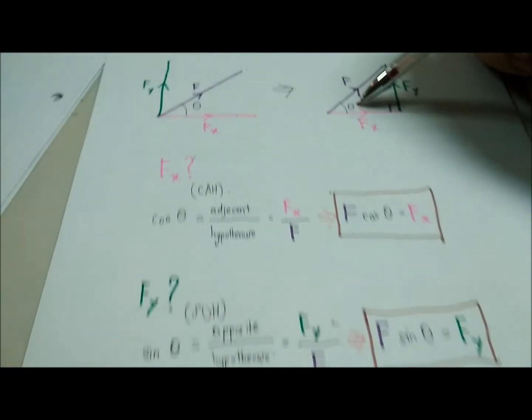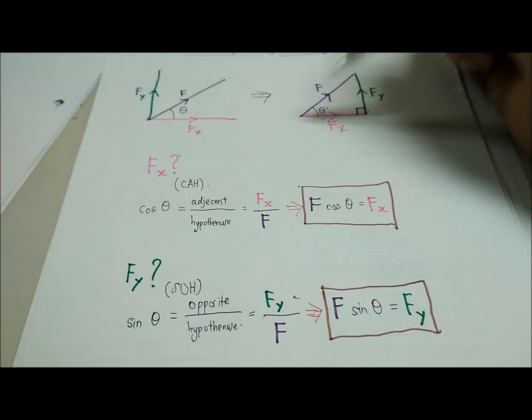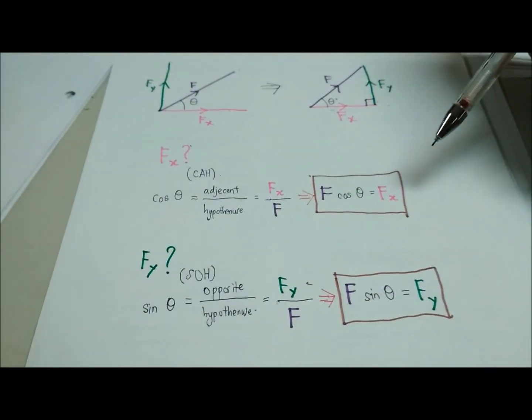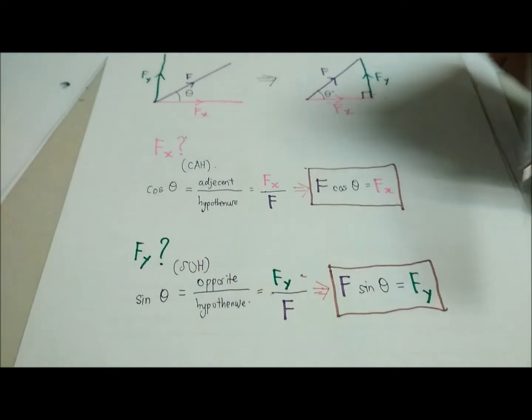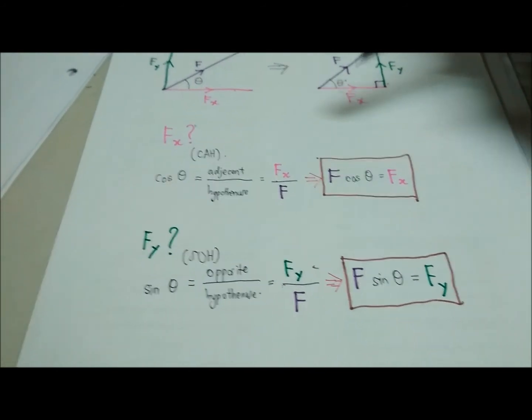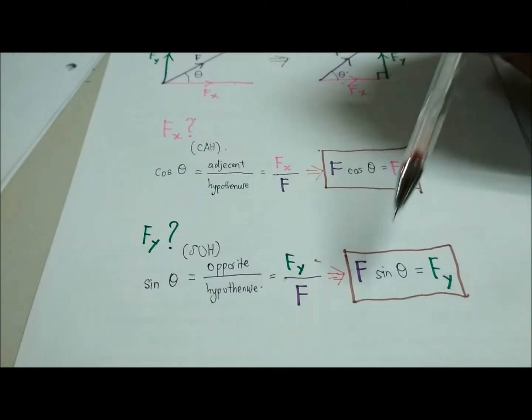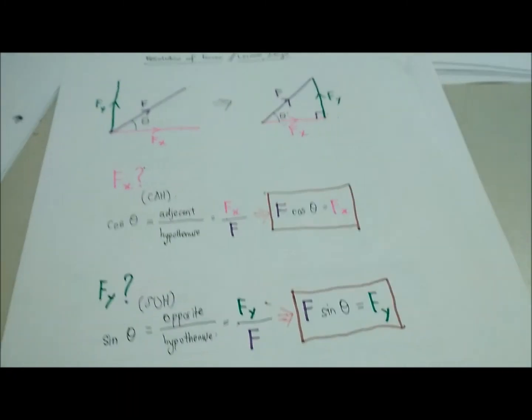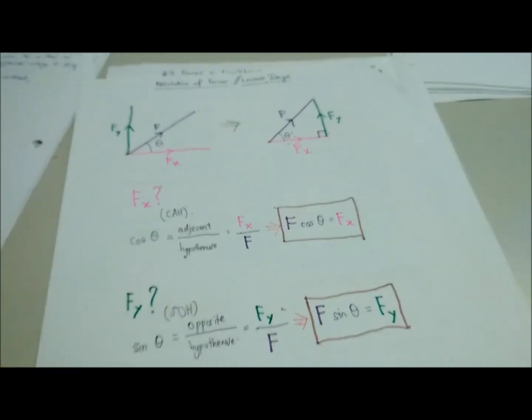Then you can use this formula to find the values of Fx and Fy using the basic trigonometry rules, cos theta, sine theta. Okay, that is for resolutions of force.